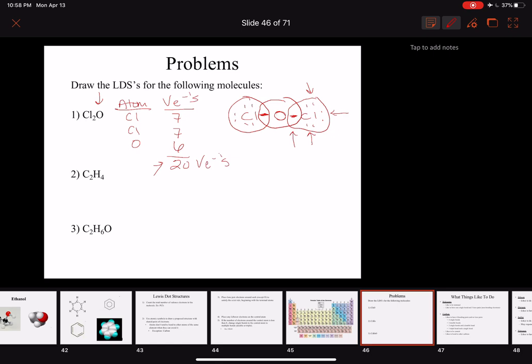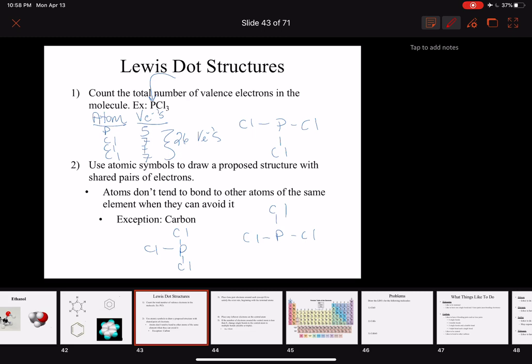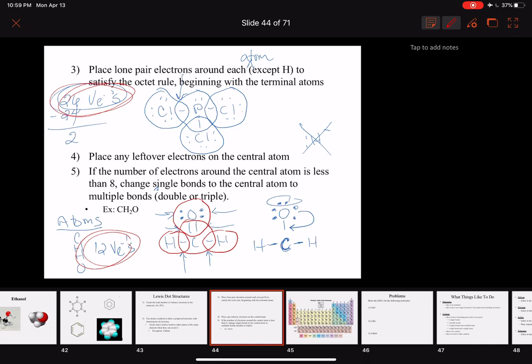And if we go back to this slide right here, we could see that we had almost the same exact situation with phosphorus in the middle when we went on to the next slide. And what we did was we followed rule 3 that said place a lone pair electrons around each terminal atom. And then if you haven't satisfied the central atom, then go ahead and put those leftover electrons on the central atom.